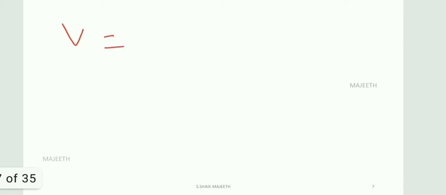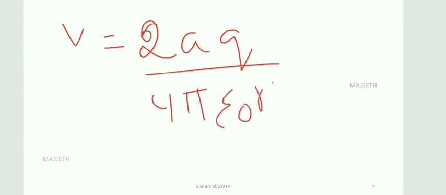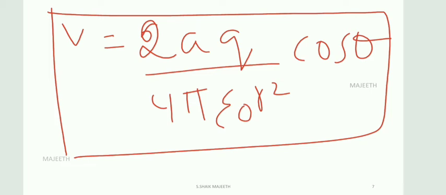V total is equal to 2aq divided by 4 pi epsilon naught r square cos theta. This is the potential at point P due to dipole.